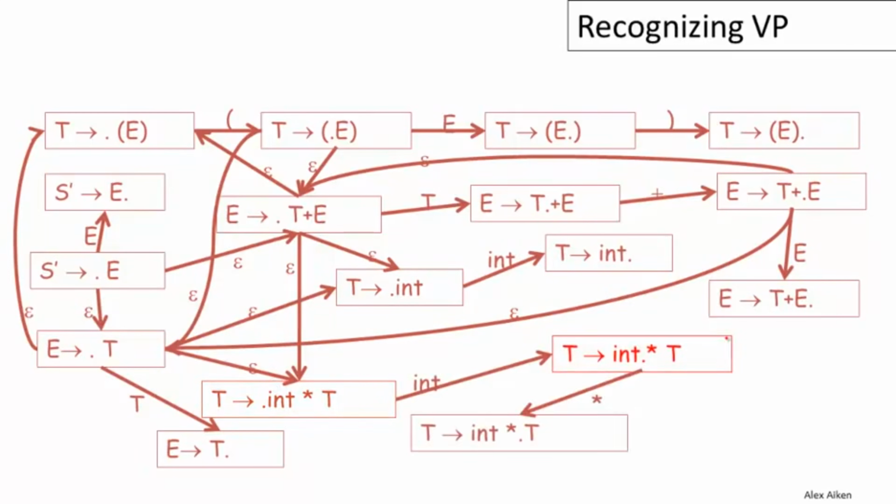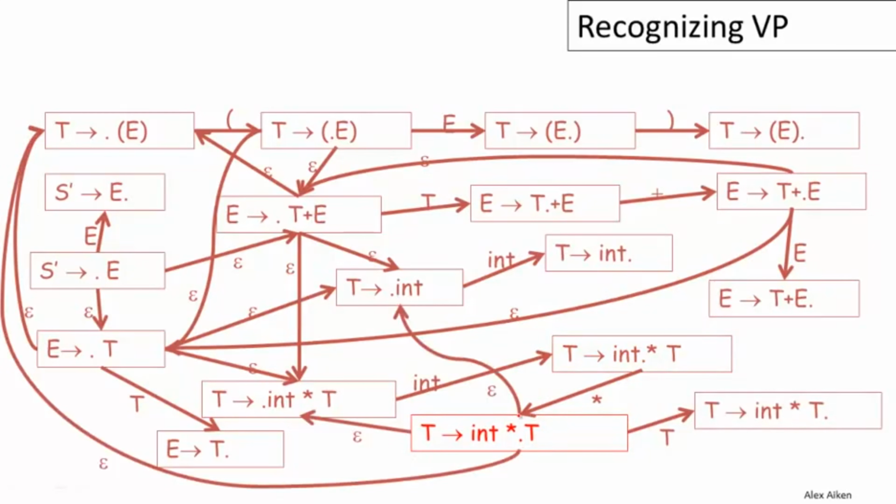And once we've seen the int, we would like to see the times. So we'd wind up in this state, and now we've got the dot next to T. So again, one possibility is that we see the T on the stack, and then we've seen the full right-hand side of this production. But we might only see something derived from T. The T might not be there yet. It might be in a state where we're still waiting for the T to appear through some sequence of reductions.